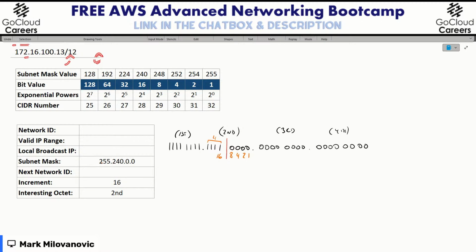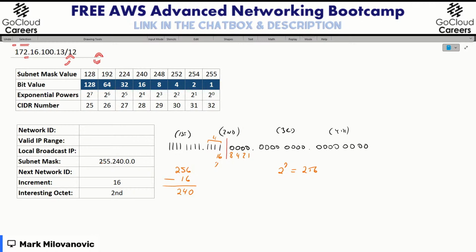And if 4 times 4 is 16, now it's easy for me to remember that if I wanted to figure out what my mask is, if 2 to the 8th power equals 256, I can actually subtract 16 from 256, and I get the value 240. Again, I can actually verify my work.